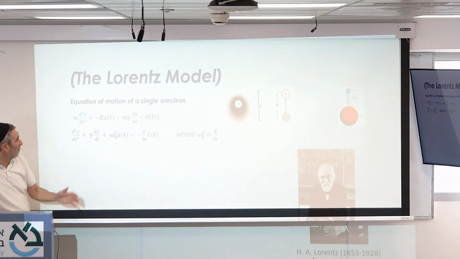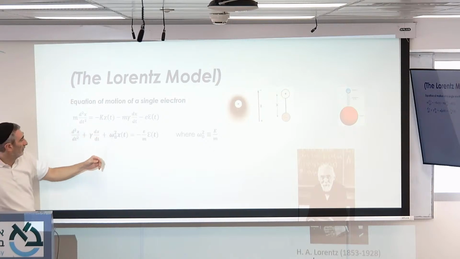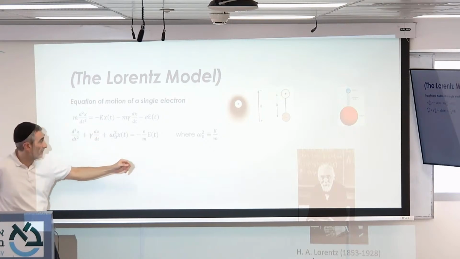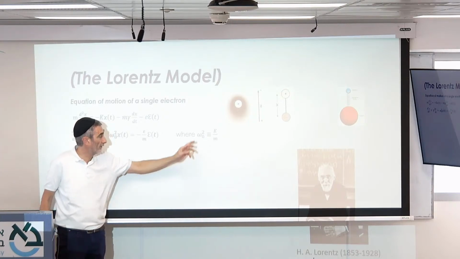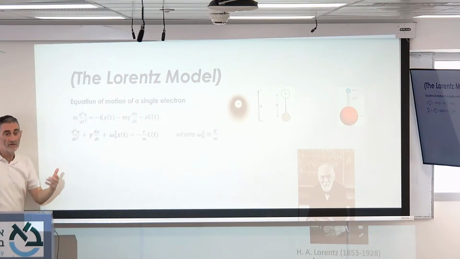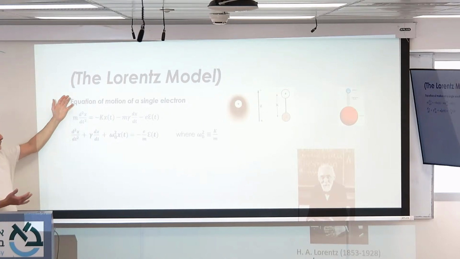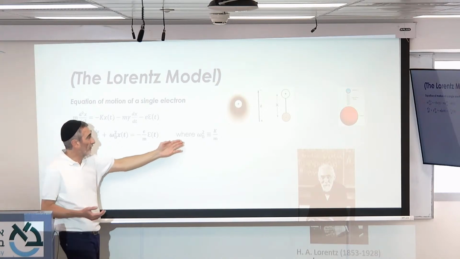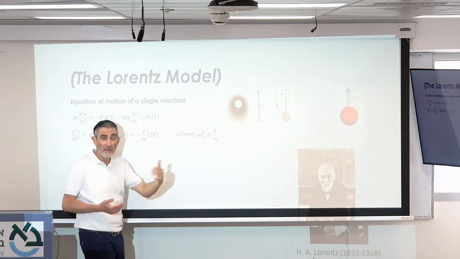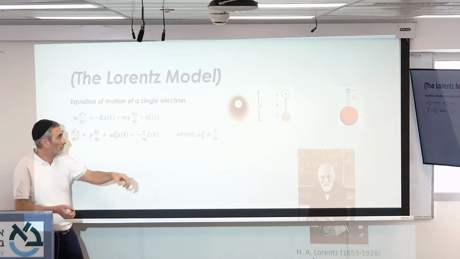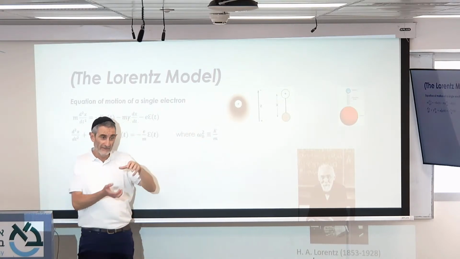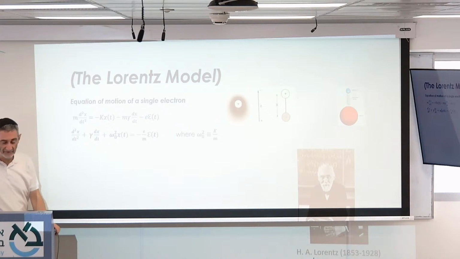And you can replace those parameters by these ones, just by stating that omega squared is k over m, the angular frequency of the oscillation. The trick of the Lorentz model is to say that this is exactly the frequency of the wave that will be emitted by this oscillating object, electron and nucleus.